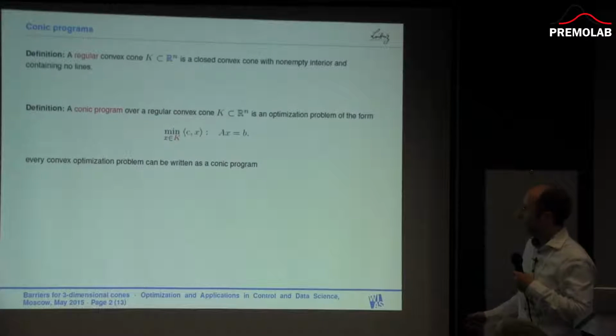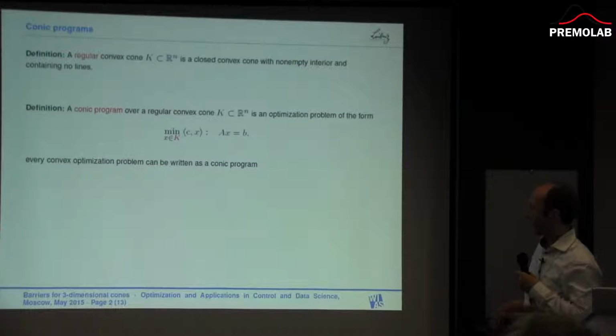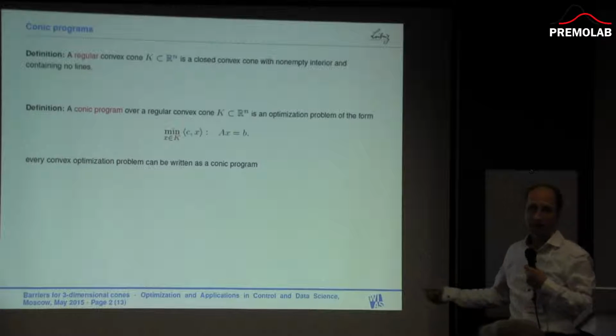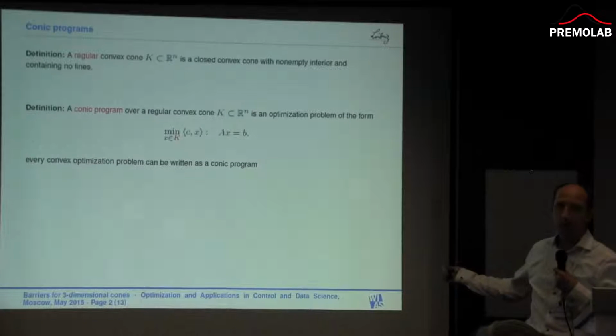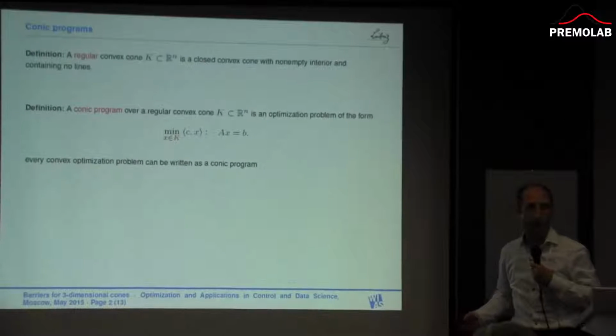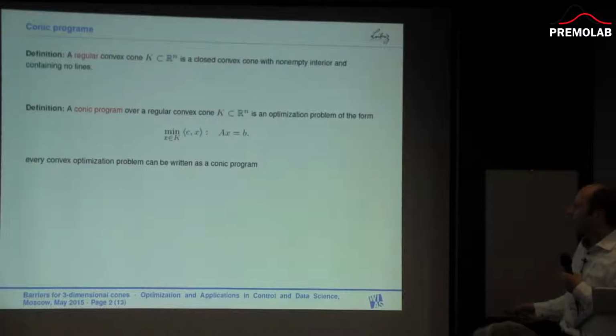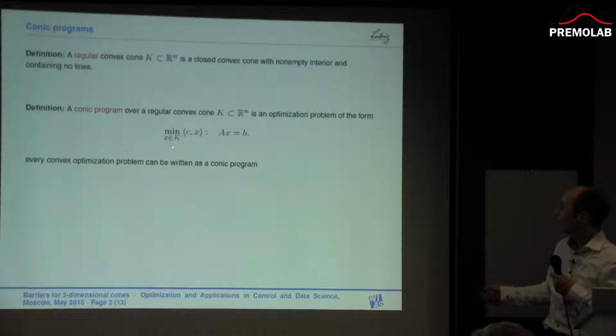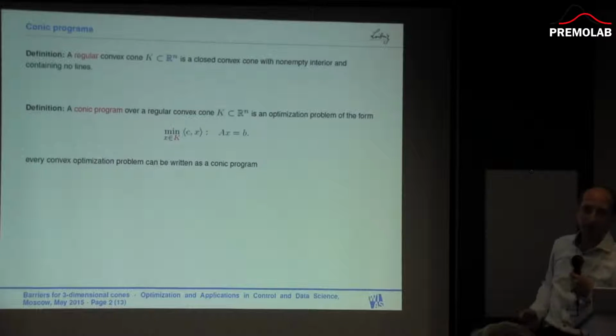Actually, if you have any convex optimization problem, you can homogenize the convex set and you get a conic program. So this is a very general class of problems. And of course, the complexity of this problem depends on the complexity of this cone here.